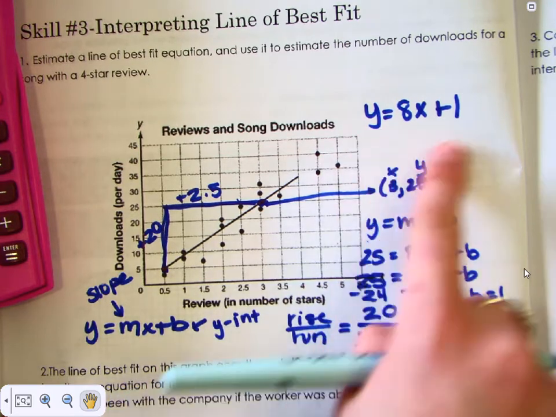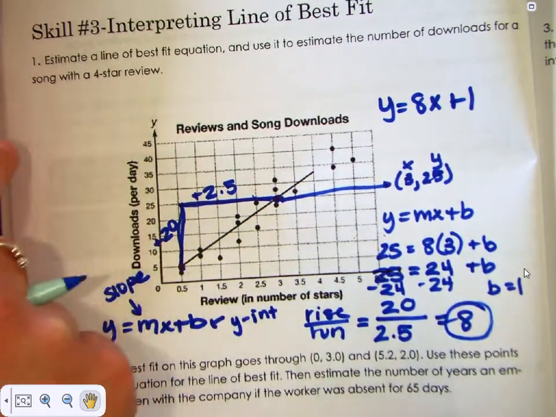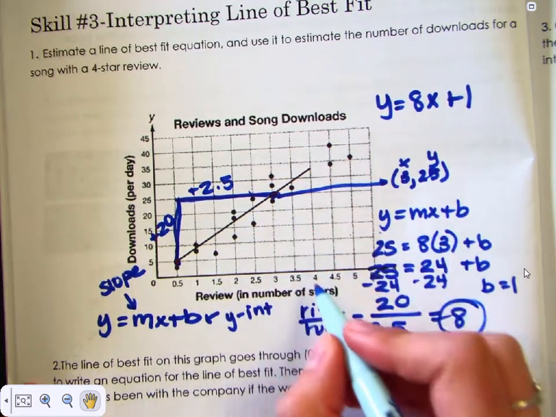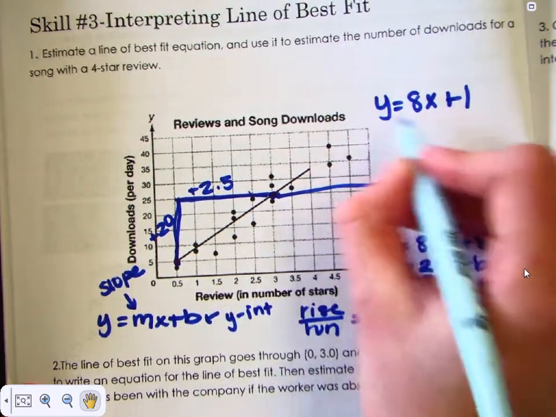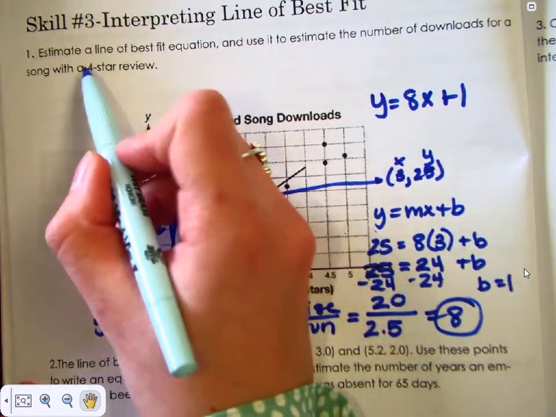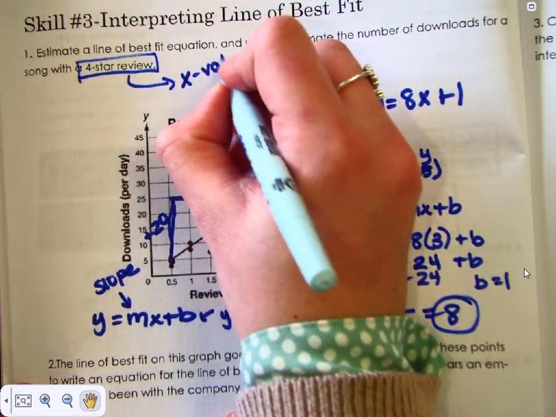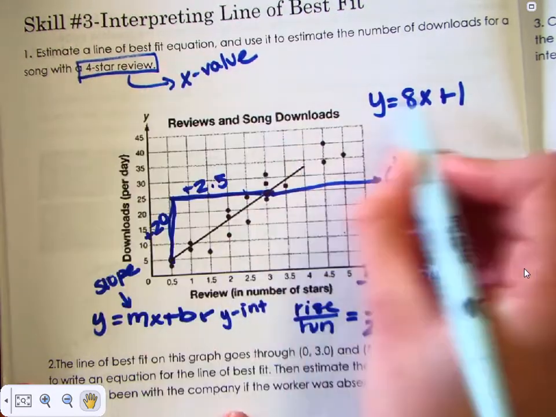Okay, and it says use this to predict the downloads for a song with a 4-star review. So 4-star review would be right here on my graph, but I'm going to use the equation to get an exact amount. If I'm looking at 4-star review, that's my x value. So I'm going to plug this 4 in for x.